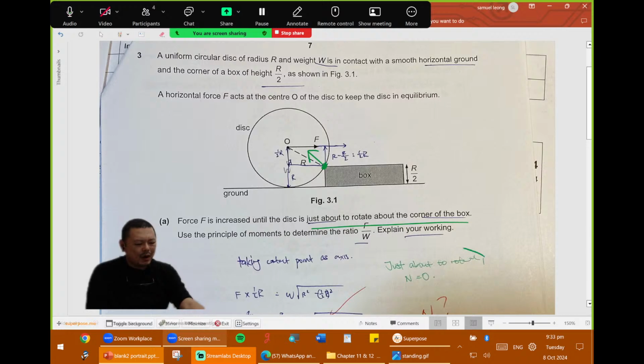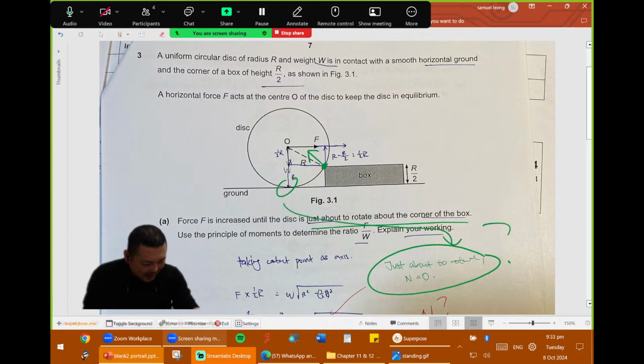Then why do I have to put this in? No need. I know the normal, I understand that. But even at Sec 3, the question doesn't require you to state that the normal contact force is zero. It's quite obvious. Why is it a marking point?